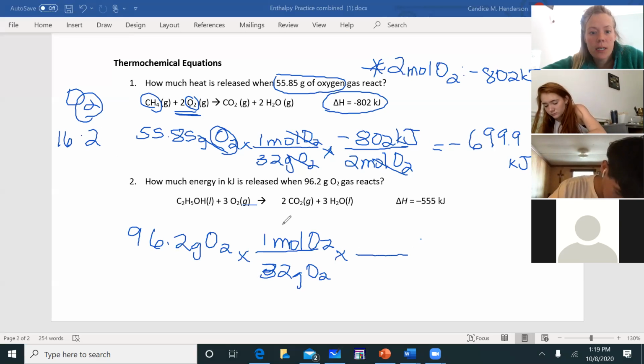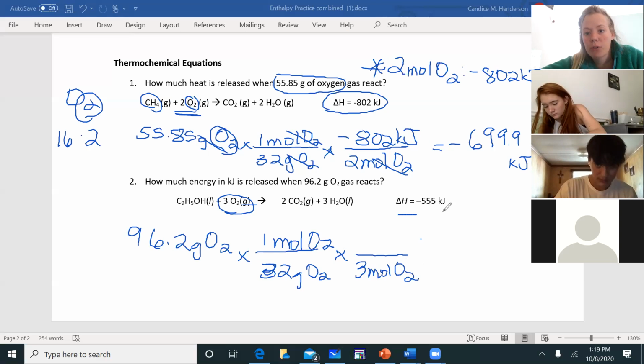The only thing here that's different is that we have a molar ratio of 3 moles of O2, and it produces a different amount of energy, -555 kilojoules.